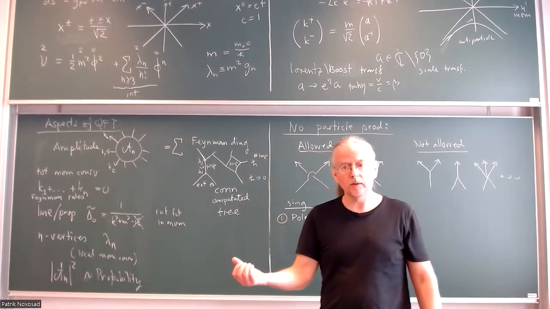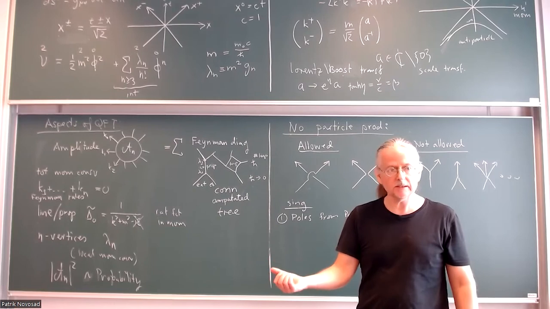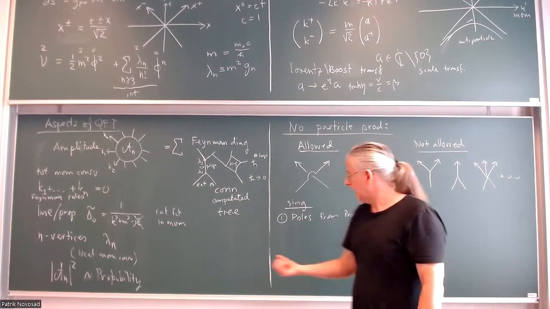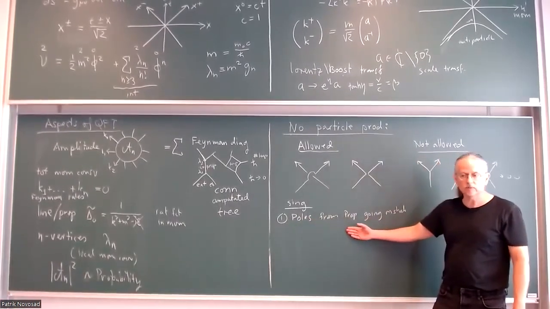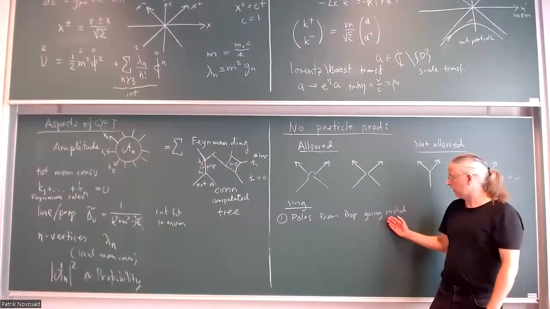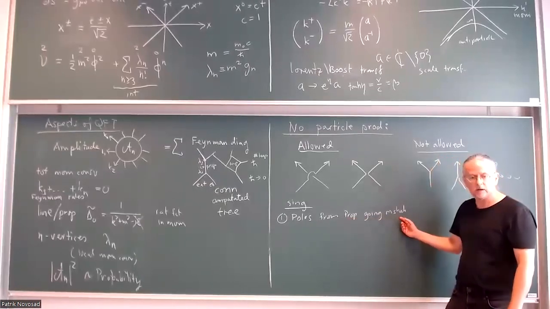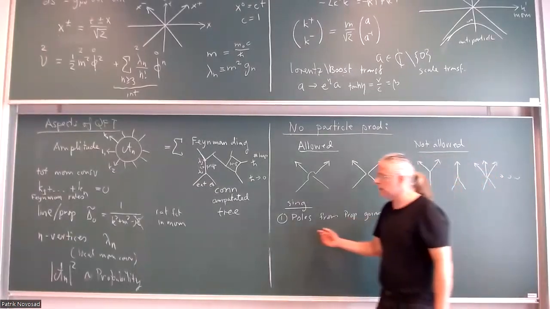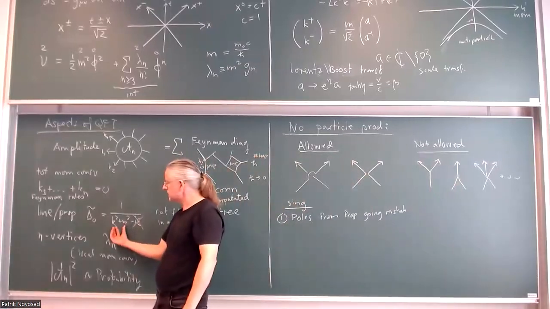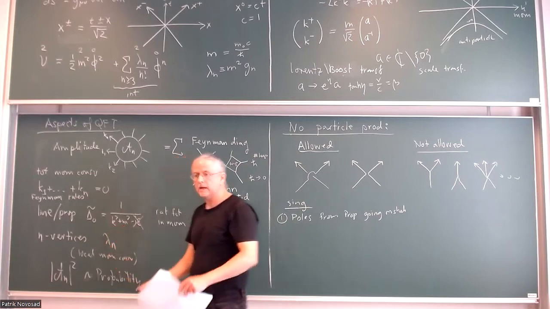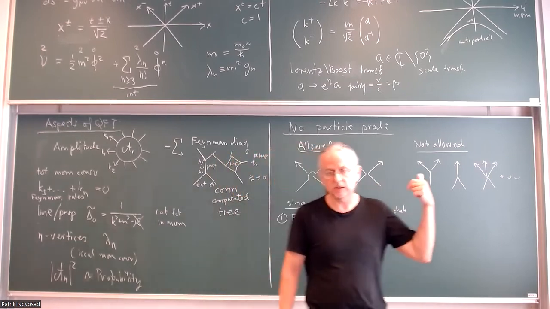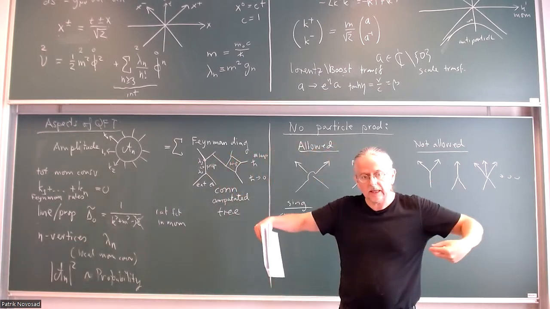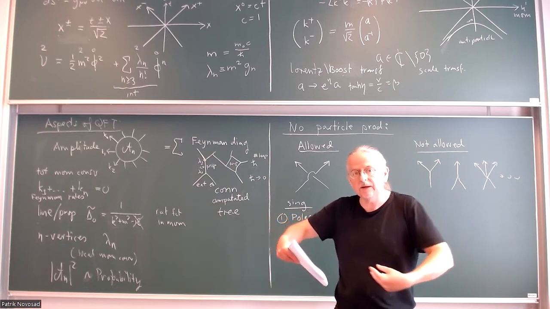And the result will be a rational function in momentum. Especially we see that the only way there can be poles is for the propagators to go on shell. The only thing that can happen is that this denominator becomes 0. And by the way, you recognize this denominator as the on-shell condition.